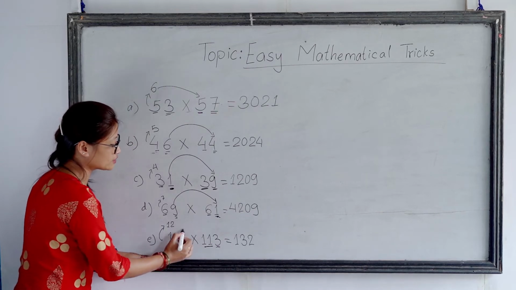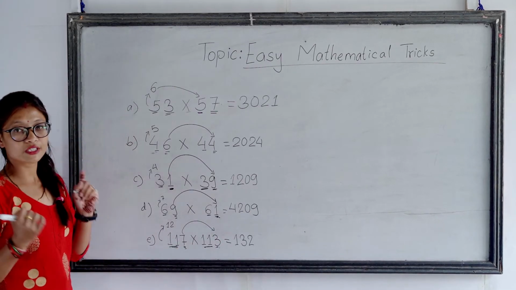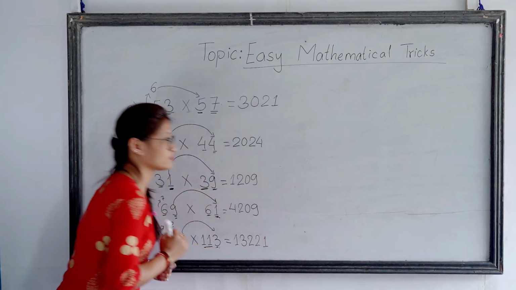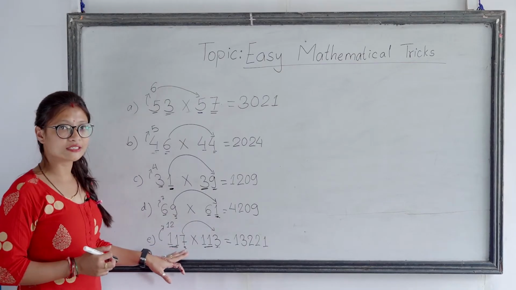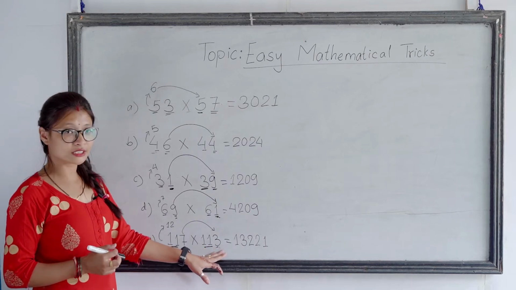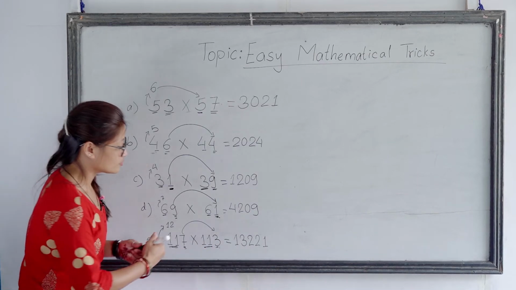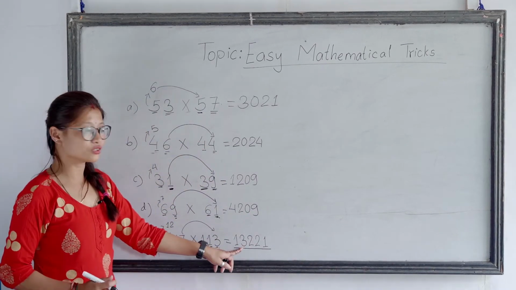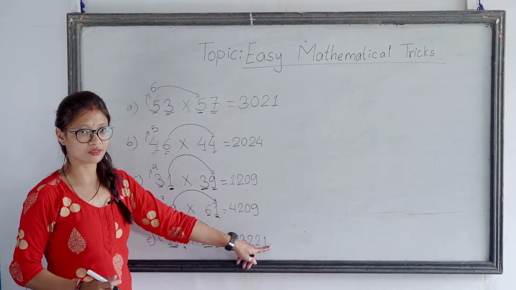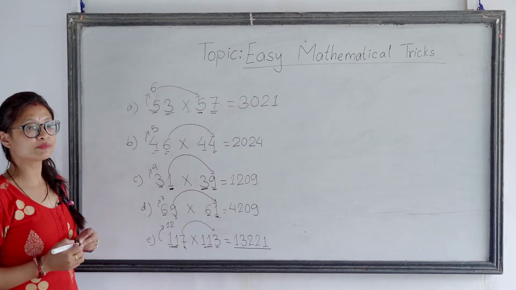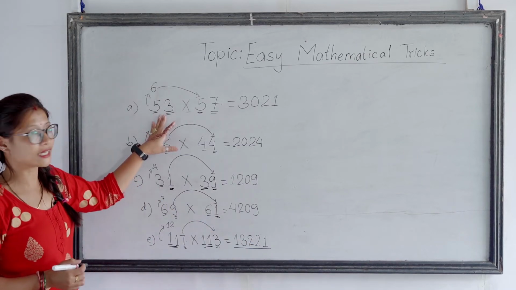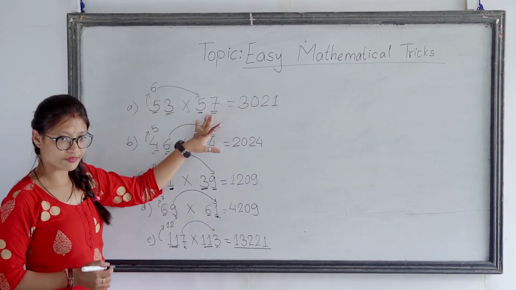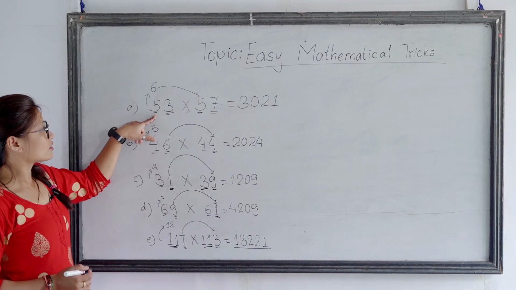So 7 times 3, 7 3s will be 21. So 117 times 113, the answer will come 13221.